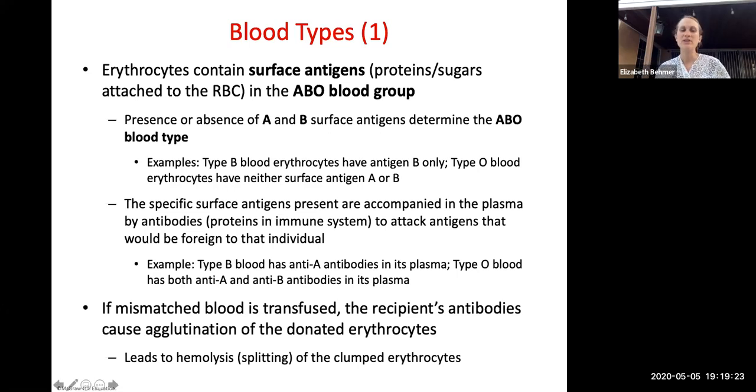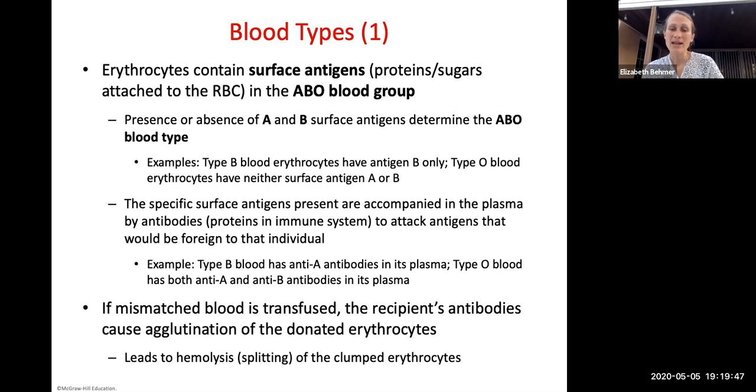But first, these specific surface antigens are also accompanied in the plasma by antibodies. These are proteins in your immune system that will attack antigens that are foreign to that individual. So type B blood has antibodies against A, so we call them anti-A antibodies.